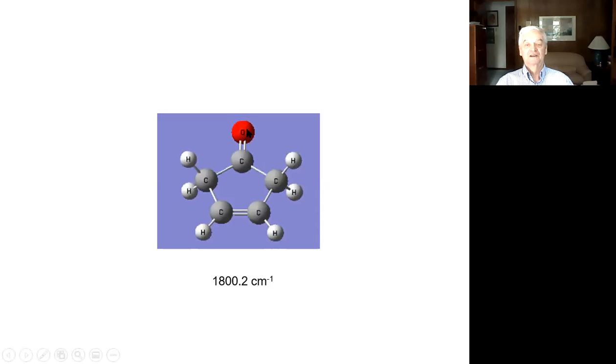Here it shows the oxygen smashing into the carbon, but a typical amplitude is only about 1/10 of the bond distance. If this carbon-oxygen bond is something like 1.1 angstroms, then the amplitude is only going to be about 1/10 of an angstrom. The same is true for the carbon-hydrogen stretches. The bonds are about 1.08 angstroms, and they vibrate maybe 0.1 angstroms.